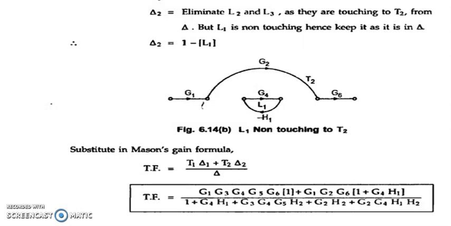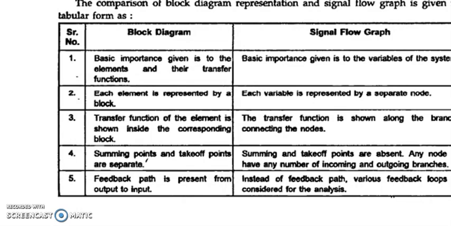For delta 2, eliminate L2 and L3 as these are touching the second forward path. So now delta 2 is equal to 1 minus L1. So the overall transfer function is T1 delta 1 plus T2 delta 2 by delta. And if you substitute the values of T1, delta 1, T2 and delta 2, you will get the overall transfer function as shown in the slide.